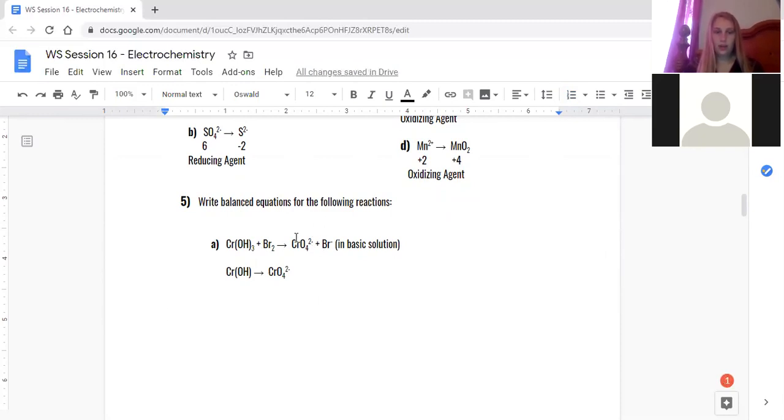So we're also going to have Br2 here, and it becomes Br minus.